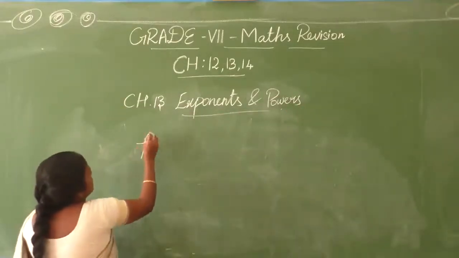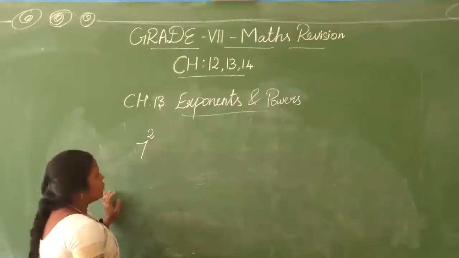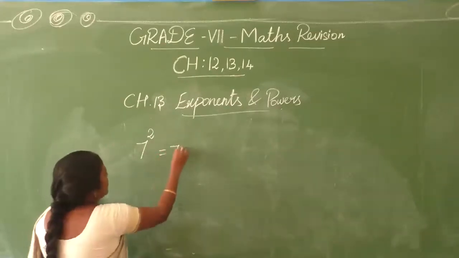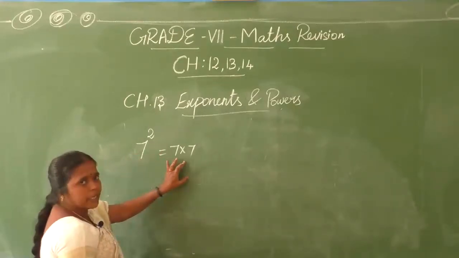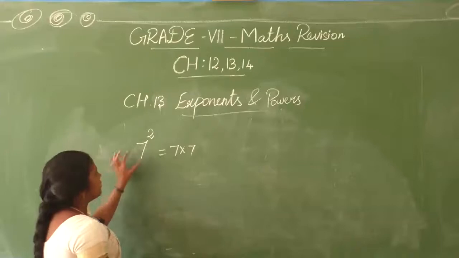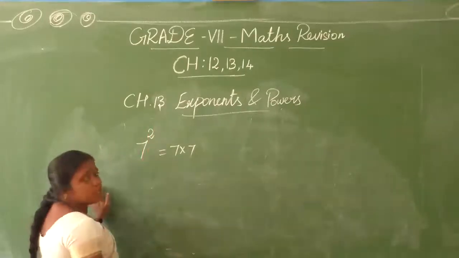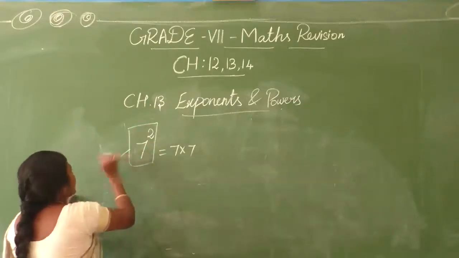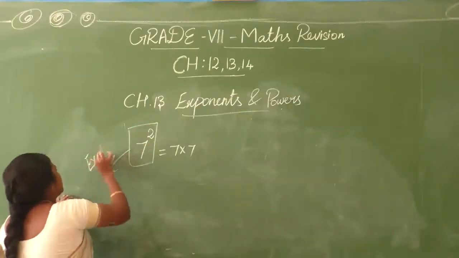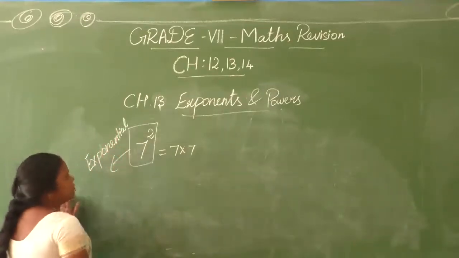See, 7 square. You know it well. How do you write 7 into 7 only? 7 into 7 can be written as 7 power 2. Here 7 square is called exponential form.